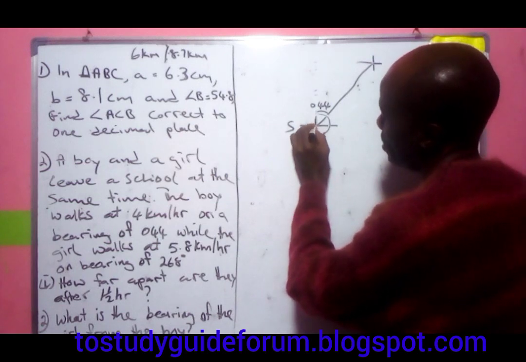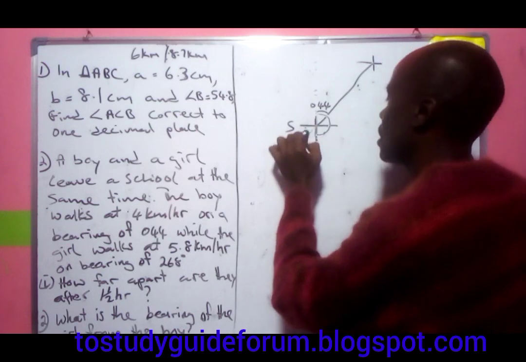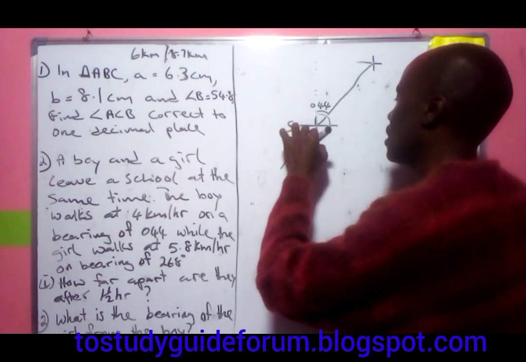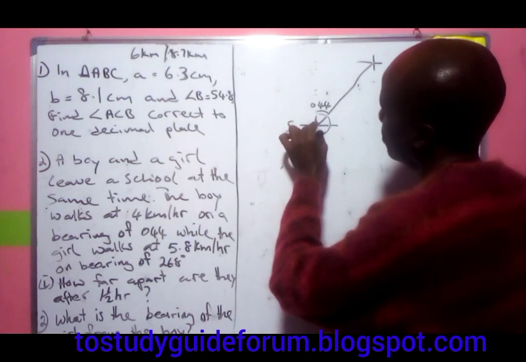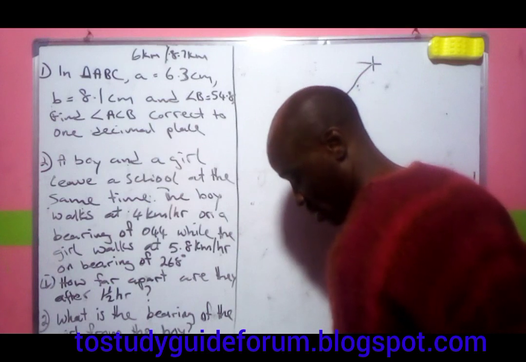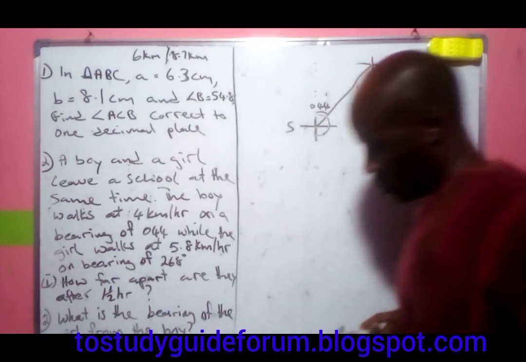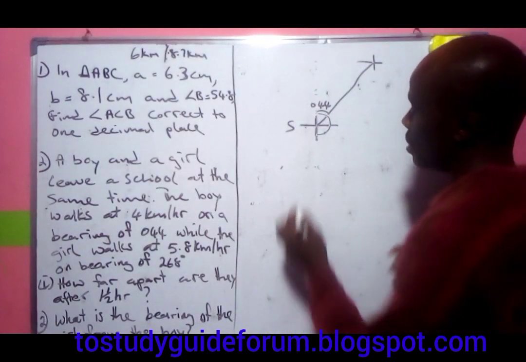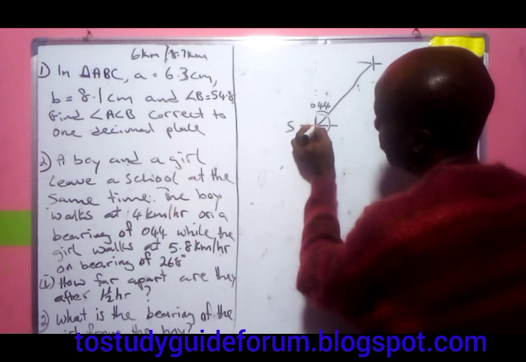I think the thing is always giving us a straight line. It's 88, minus 90, we have 2 remaining.